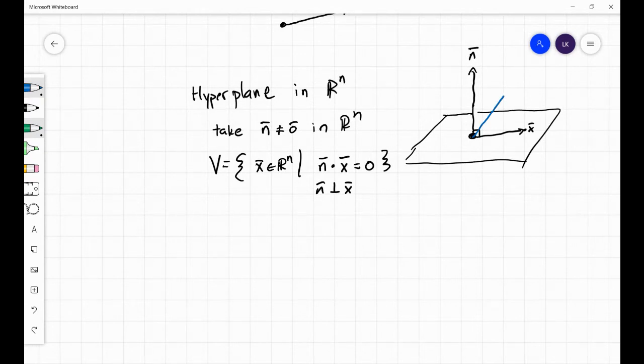So imagine you have a point P. Let's use B instead, because I want to reserve P for projection. So let's use B. And you want to define the distance between this point and this hyperplane.